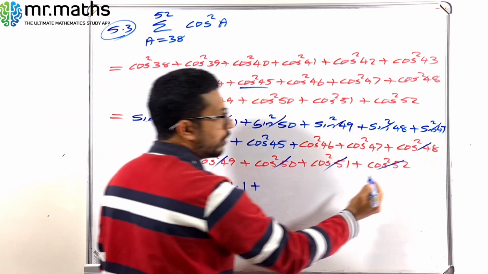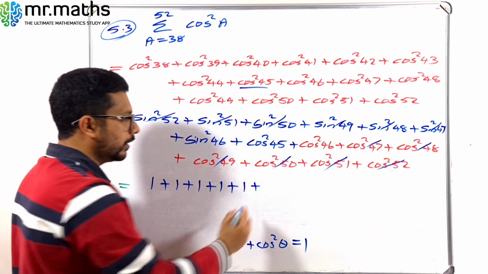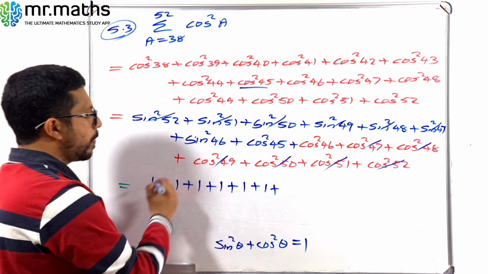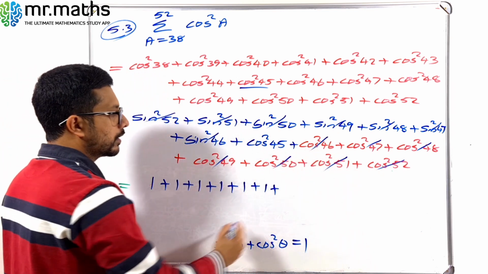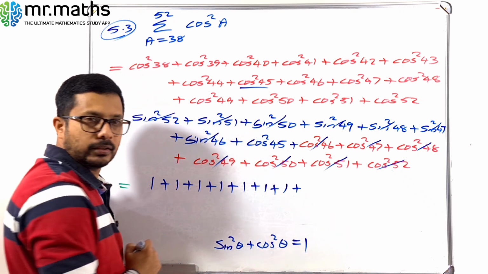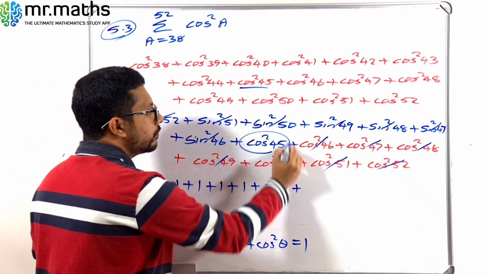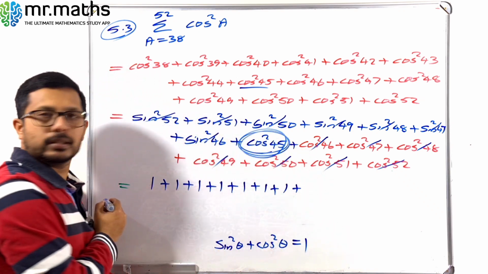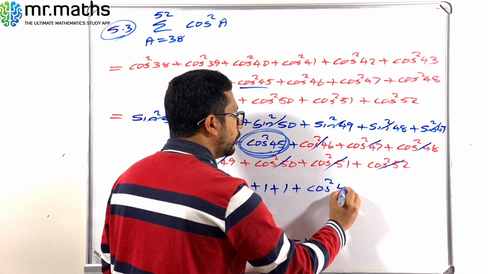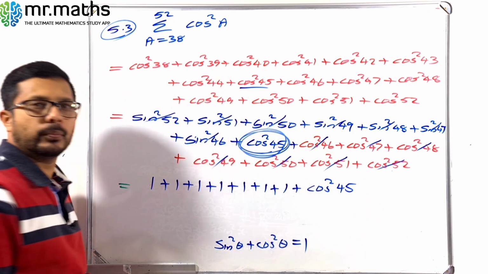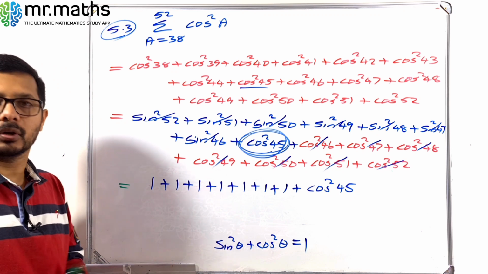This sine square 47 cos square 47, that is 1. Then sine square 46 cos square 46, that is 1. Okay, then for this one there is nothing to cancel, so you have to write that one as plus cos square 45, because that is the middle one. We don't have any sine square 45.